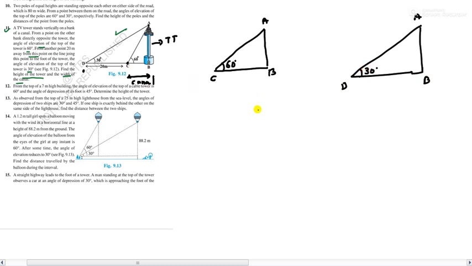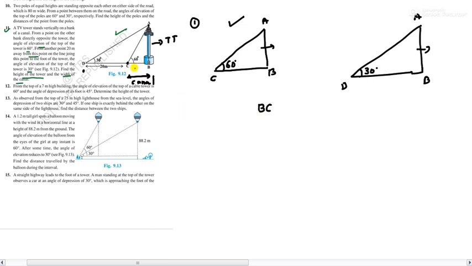So we have to find the length of BC. How are you going to find BC? Using the first case we can find it, right? Because in both cases AC is the same. So if we equate AB in both cases, we are going to get BC here.